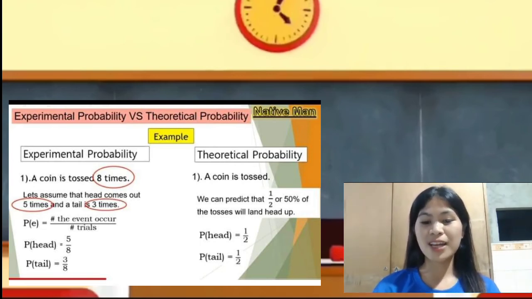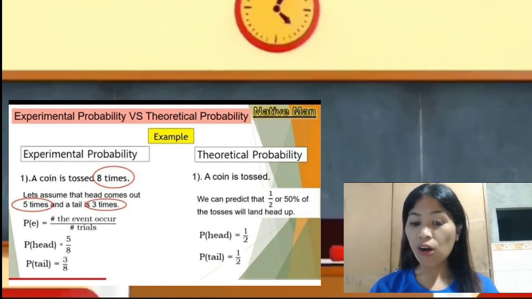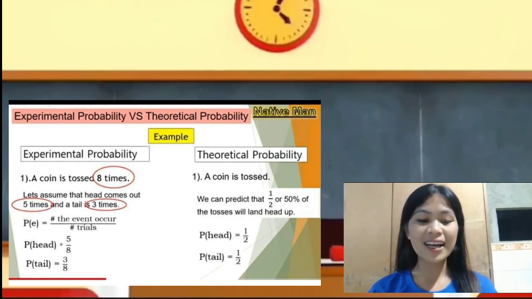So, how to get the probability? How do we get the probability of the tail or the head? Using the formula, probability of an event equals the number of times the event occurs over the number of trials. So, we have the probability of the head. Since the head came out 5 times out of 8 trials, we can say that the probability of the head is 5 over 8.